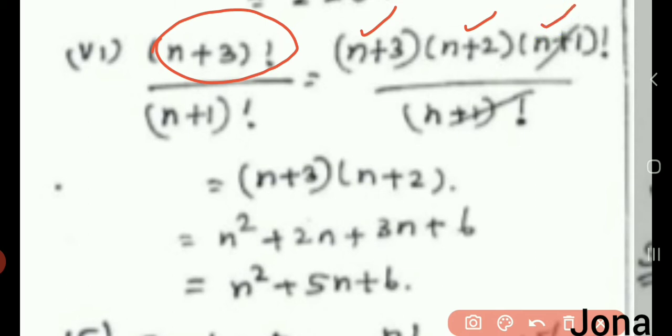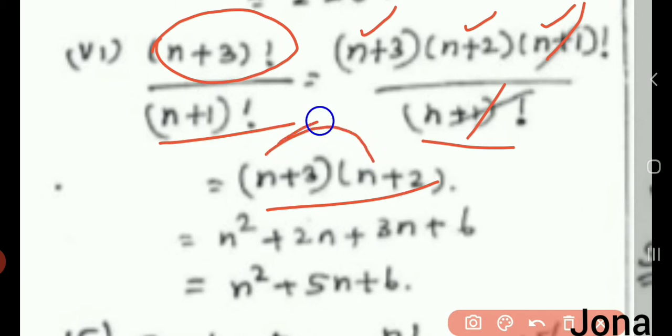Okay, and then at the denominator we have (n+1)!, keep as it is there. Now we can cancel this one and this one so that the remaining things are (n+3) into (n+2). If you multiply this, n into n is n squared, n into 2 is 2n, and then 3n plus 6 here. So totally we have n² + 5n + 6.